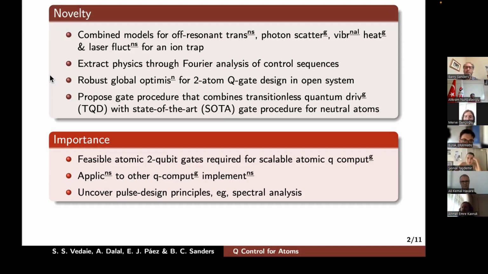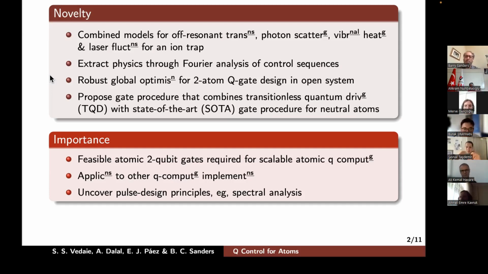The next thing is that we do robust global optimization for 2-atom quantum gates in open systems. So we make sure that we have an open system description, i.e. we use master equations, not just Hamiltonians. And we do global optimization. Almost every other group works with what's called greedy. They look for local optima, and local optima are good if there aren't that many constraints.